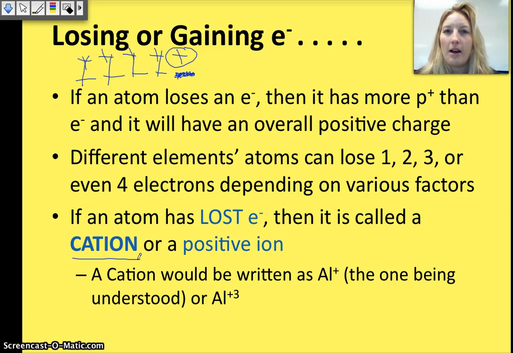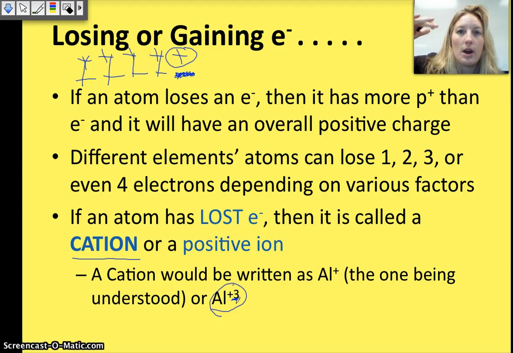People who like cats and have lots of cats are very positive about those animals. Ions are the same way. Cations are positive. When we write those, we would put the positive charge up at the top. Charges are always superscripts. They go up high above the element symbol.